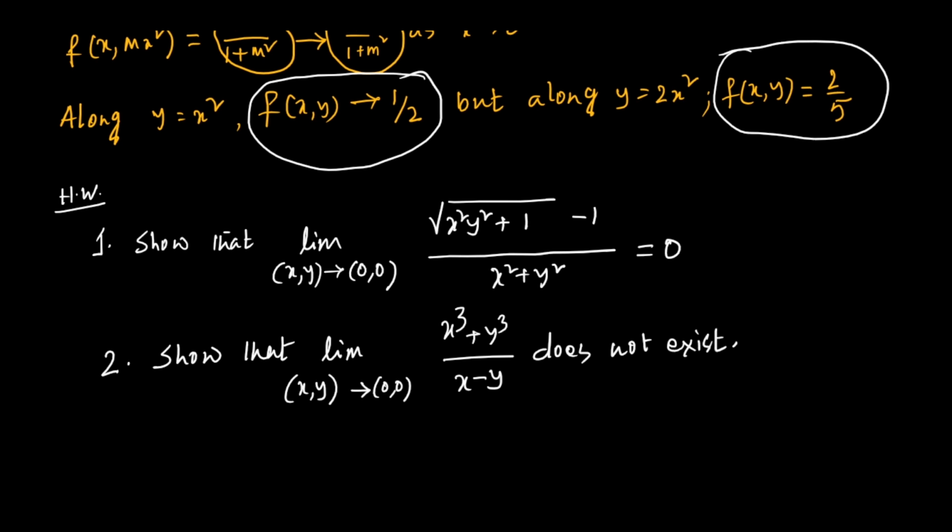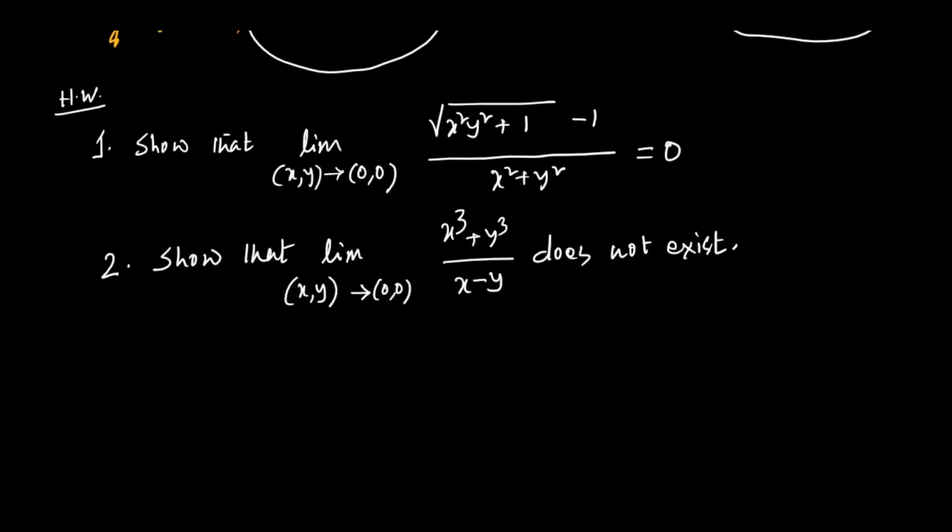So I'm leaving these two problems for you to solve. For the first one, you understood very easily that it needs to be proved from the definition, and for the second one you need to search for a counterexample.